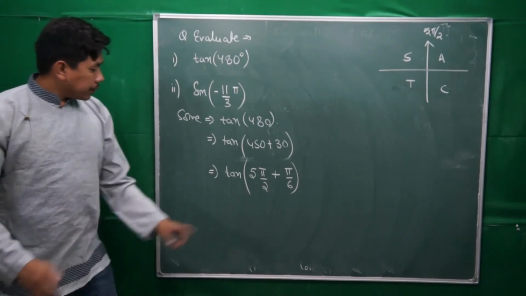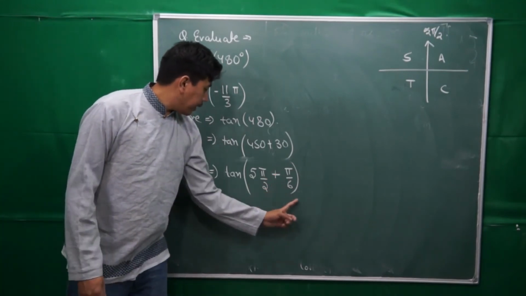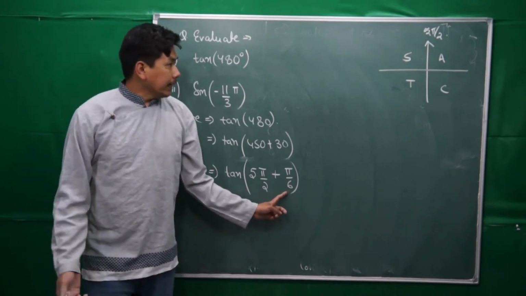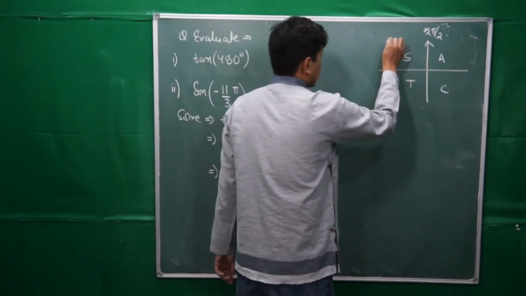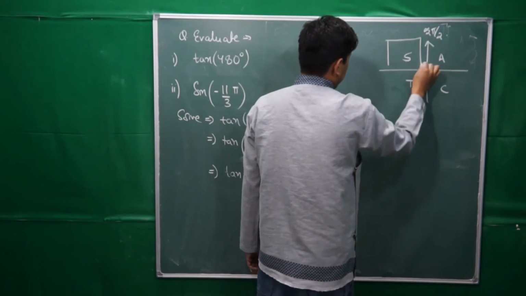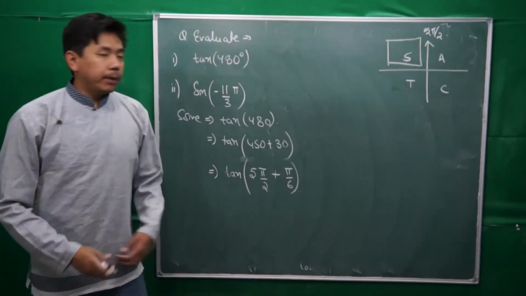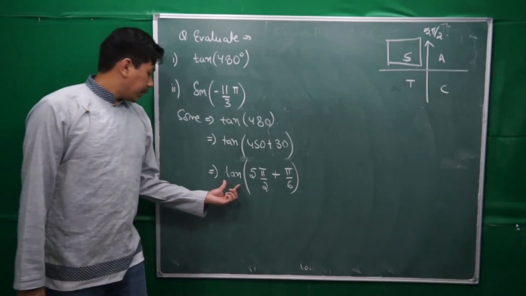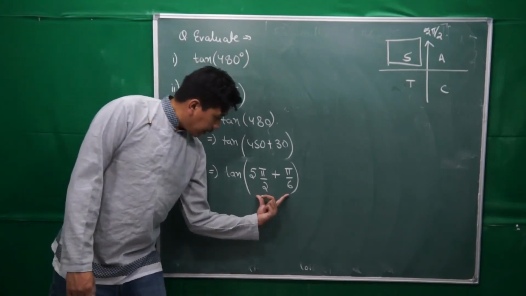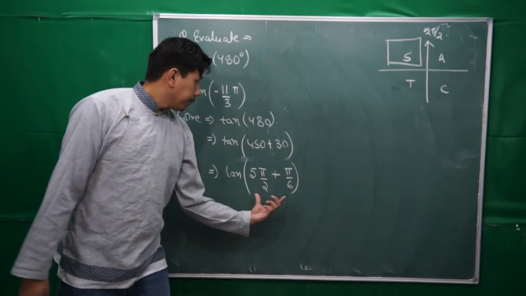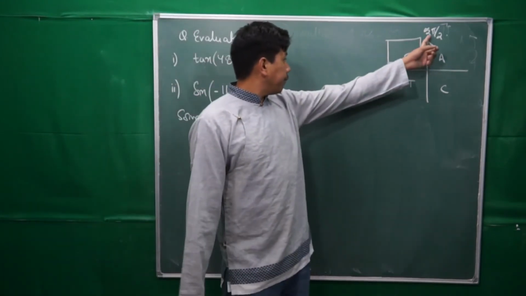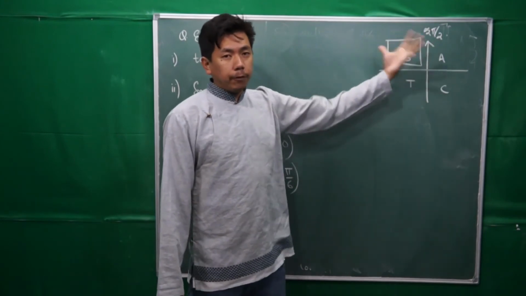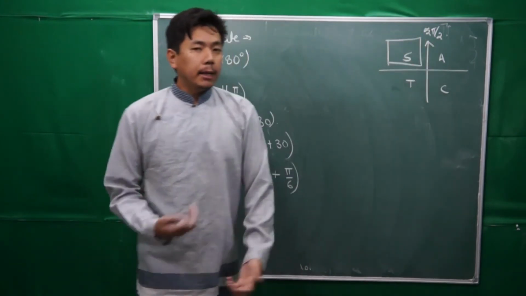Now what is happening is we are adding a certain value beyond 5 pi by 2, by how much? By 30 degrees. So this is the quadrant where the angle is going to lie. So for tan, the angle being greater than 5 pi by 2 means it falls in this region. Therefore, the value of tan would be negative.